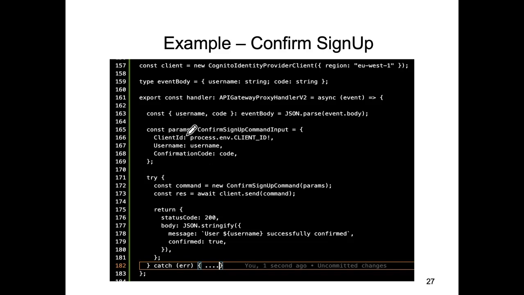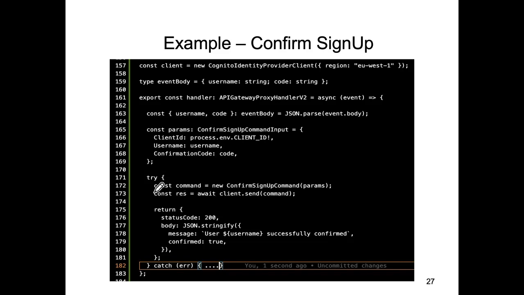And again, we need to include in this object a reference to the Cognito user pool client and the data, create an actual confirm sign-up object instance, send that object to my Cognito user pool via the Cognito client, and hopefully get back a successful response.